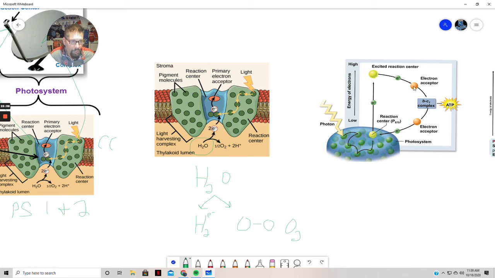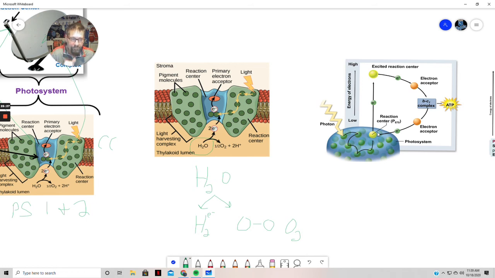When the electron gets energized enough, boom, it shoots out of there, gets accepted by the electron acceptor, and then an ATP is made, but we'll talk about that. And then the electron acceptor comes back and gets another one, and then boom, does the whole thing again. It just continually goes through that process, getting those electrons up and out and onto the next part.